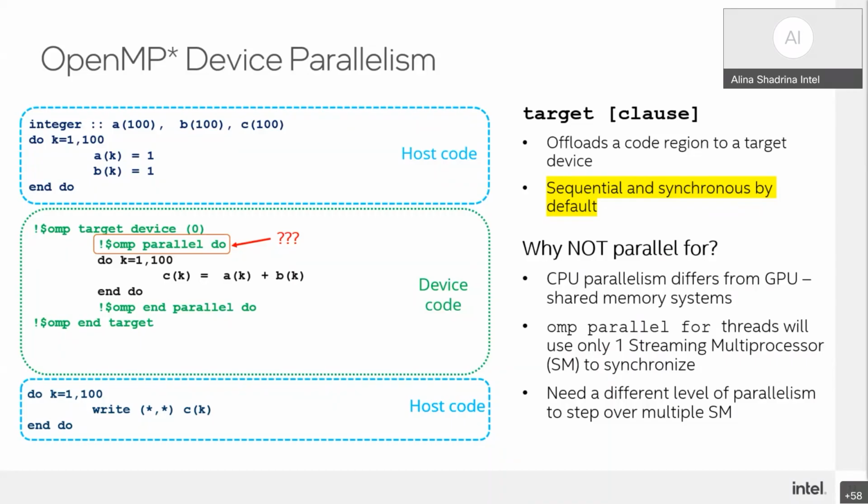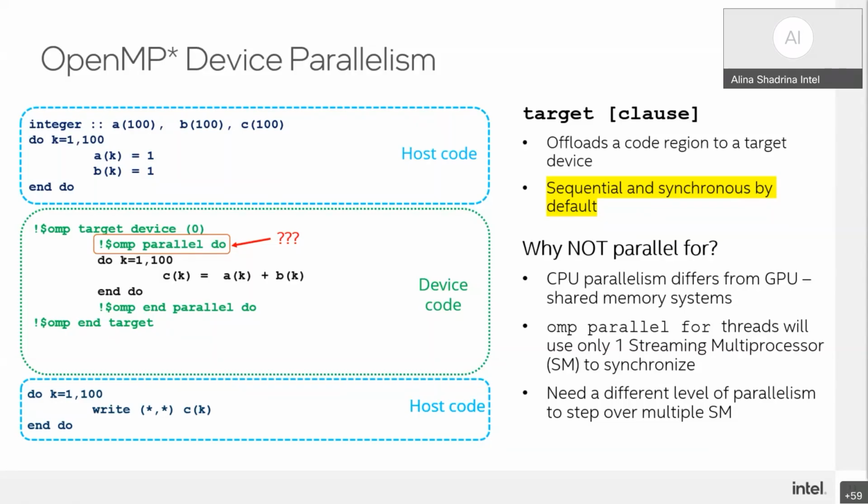However, a GPU actually contains multiple subslices. And this construct, if we write just OpenMP parallel do as is, will be executed on only one subslice. This is because there is no synchronization among subslices, and there is no coherence and memory fence among subslice caches.